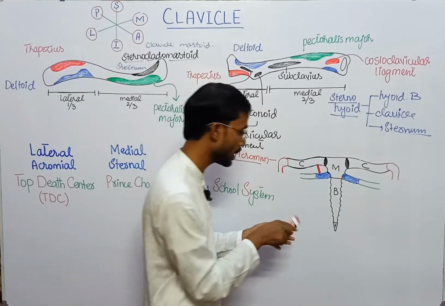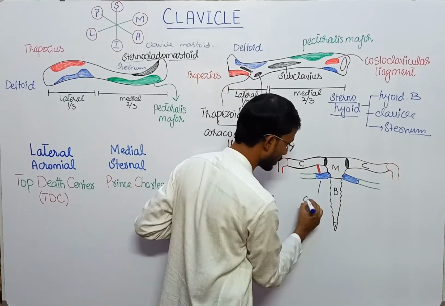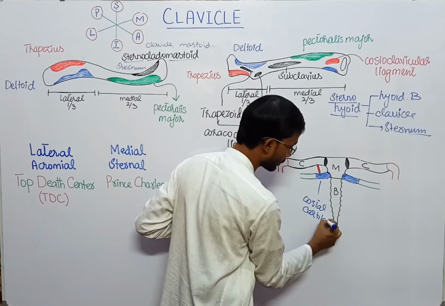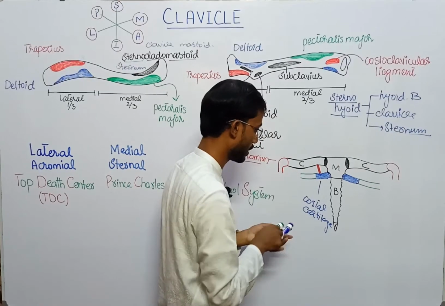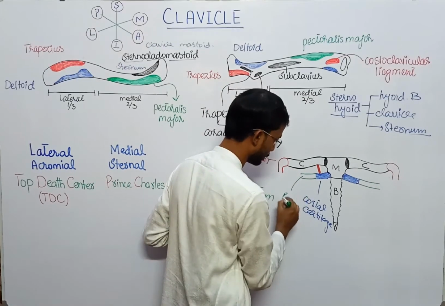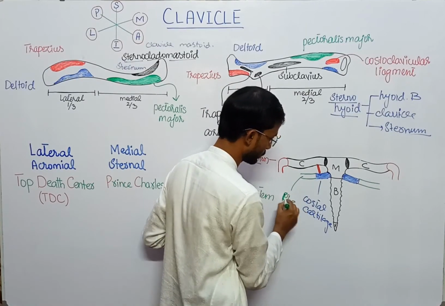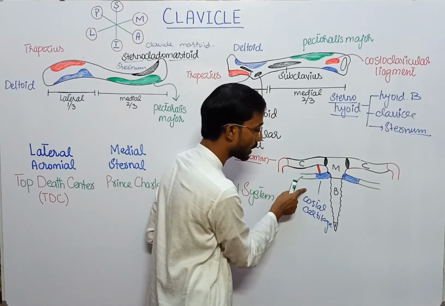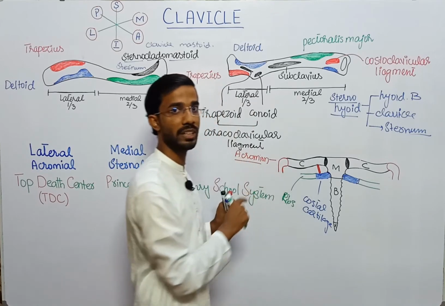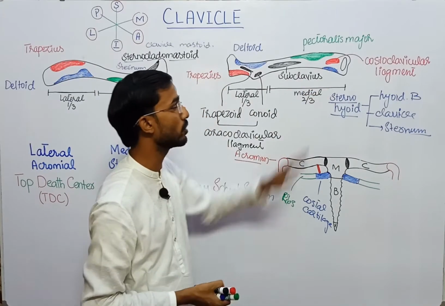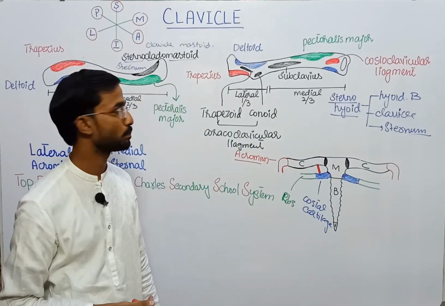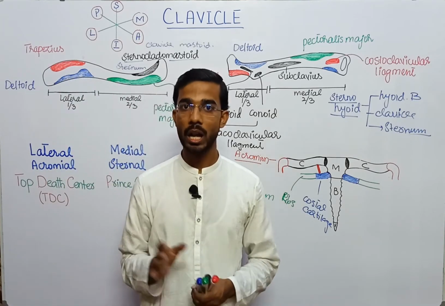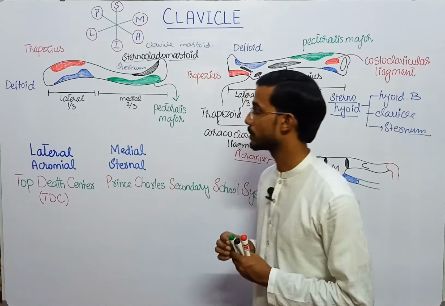Here is the costal cartilage and here are the ribs. So the ligament attached to the costal cartilage and the inferior side of the clavicle is called the costoclavicular ligament. So this is all about the muscles.